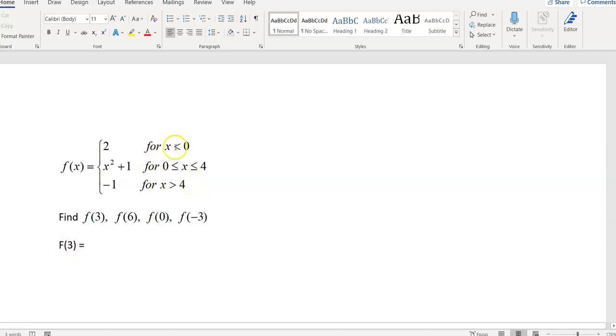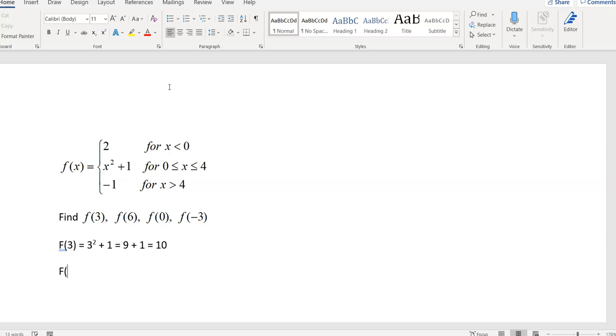If we look here, 3 is not less than 0. But 3 is between 0 and 4. So we're going to plug it into this piece, which will give us 3 squared plus 1. And that is 9 plus 1, or 10.